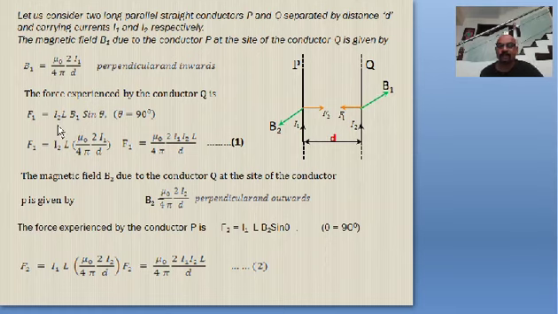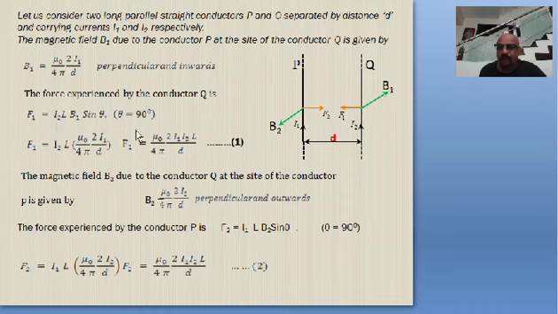So I2 L B1 sin theta, where theta is the angle between the conductor and the magnetic field. In this case it is 90 because B1 is perpendicular and inwards. Therefore the angle between the current carrying conductor Q and B1 is a right angle, theta is 90. Therefore the force experienced is given by F1 is equal to I2.